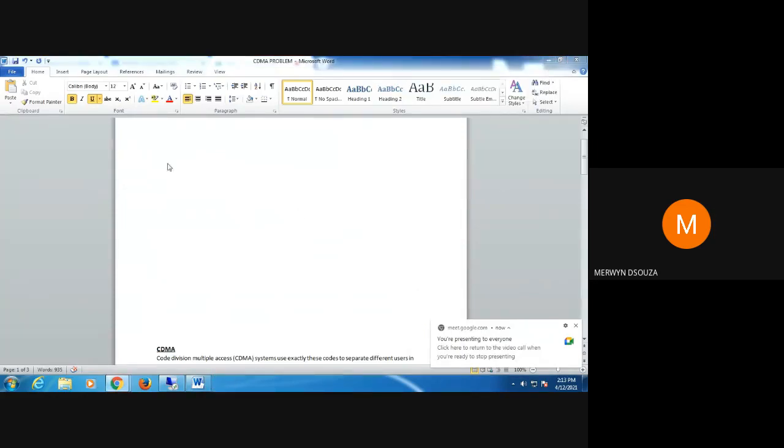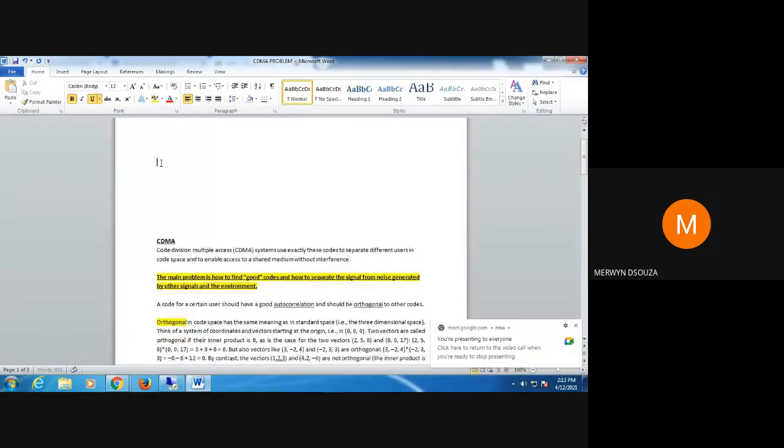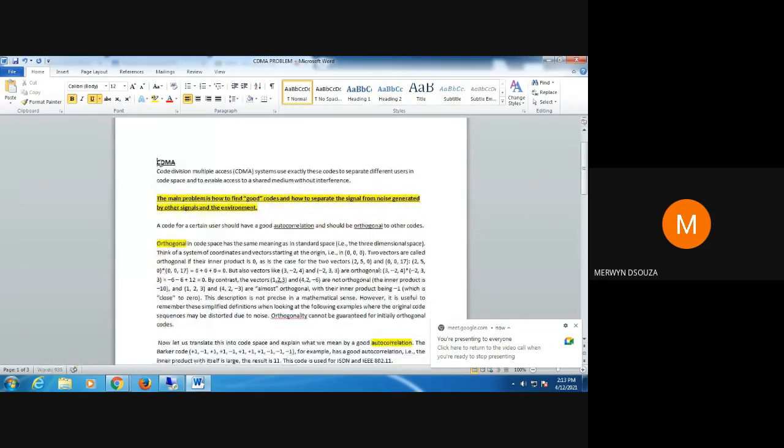Okay, so what I wanted to discuss with regards to CDMA is, if your memories have been refreshed about how CDMA works, what we have said is CDMA is using different codes for different users. And this is what enables them to access a shared medium.